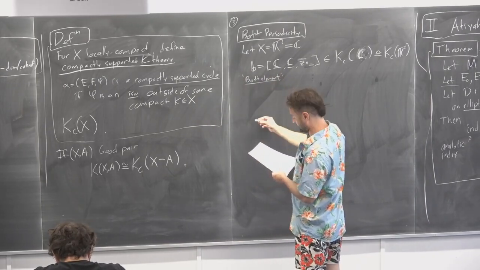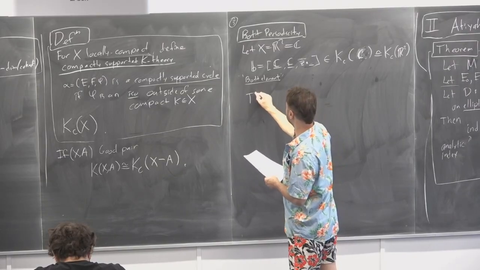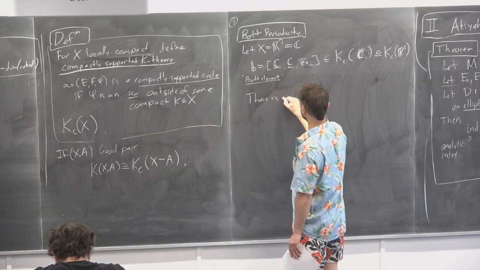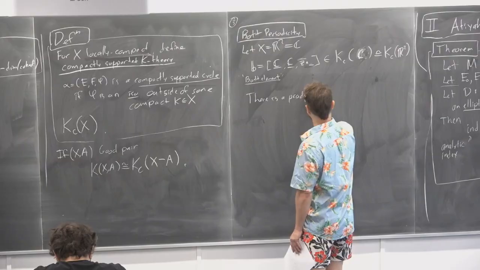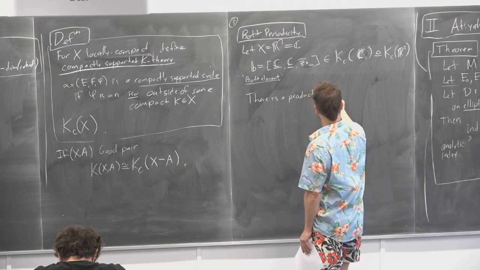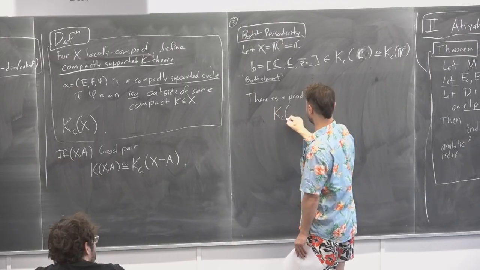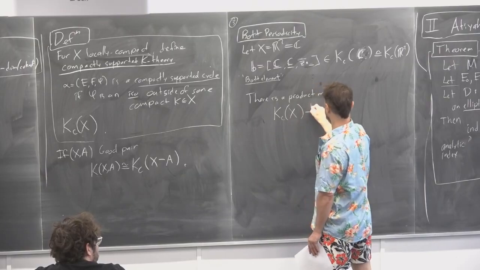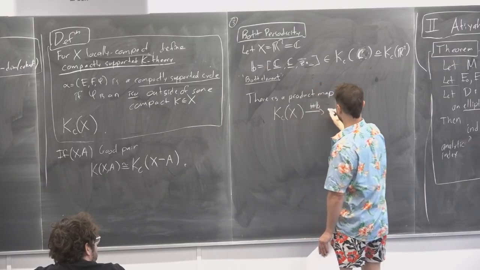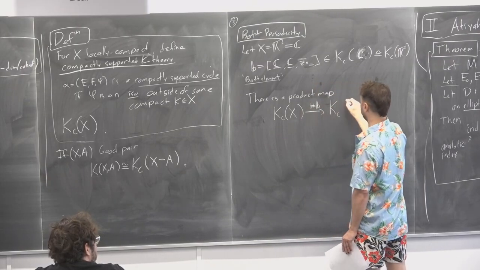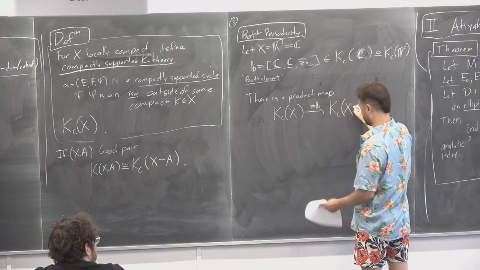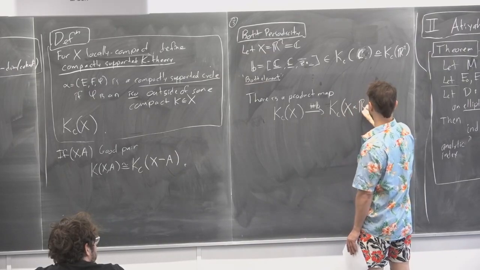And the Bott periodicity theorem is then saying there's a product map going from the compactly supported K-theory of X, by the Bott class, to the compactly supported K-theory of X cross R^2.